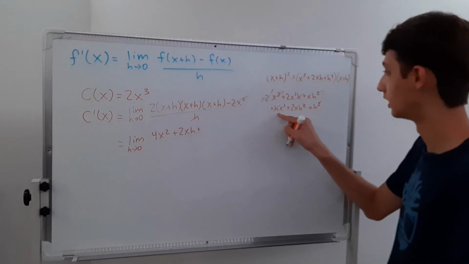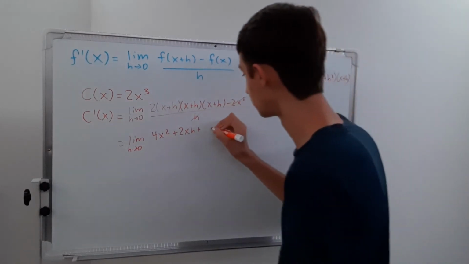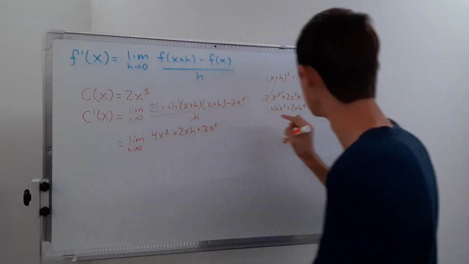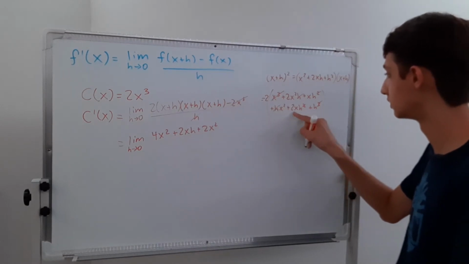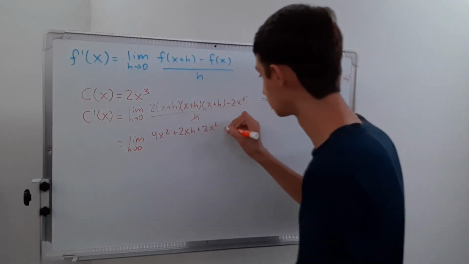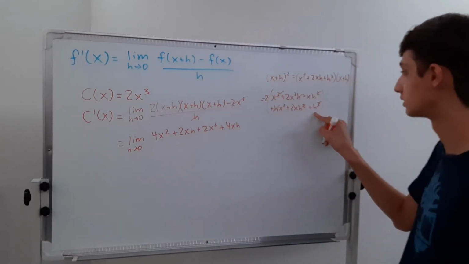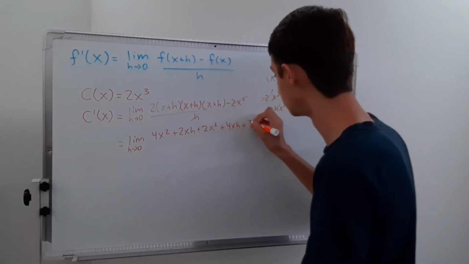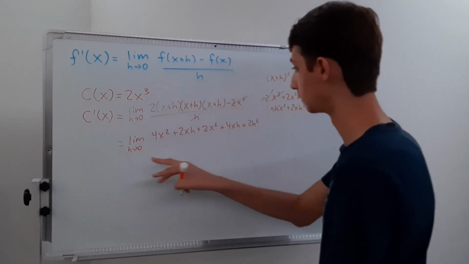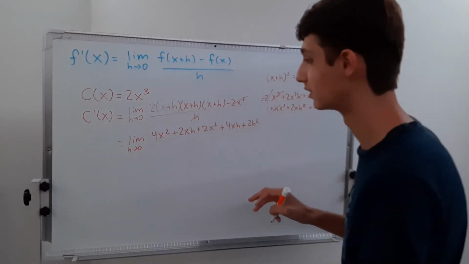plus that h is gone, so then 2x squared, and then 2 times 2xh is going to be plus 4xh plus this h squared, or 2h squared, and we don't actually divide by h anymore because we already did that.